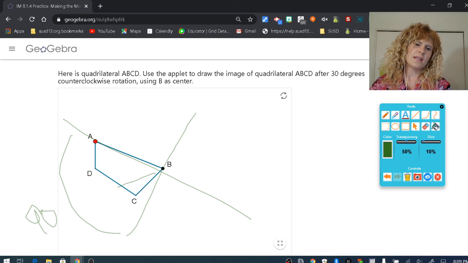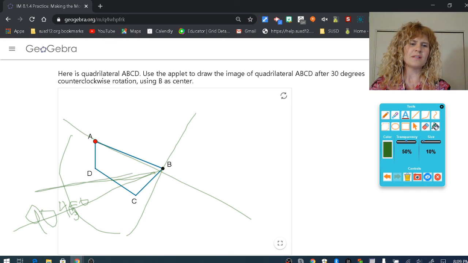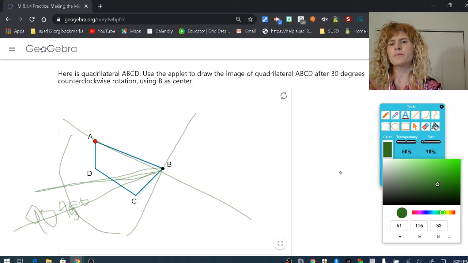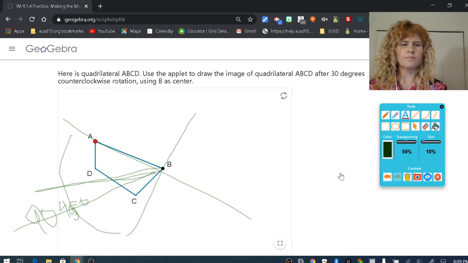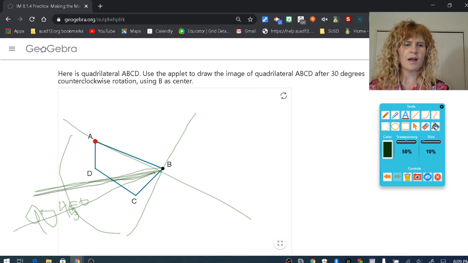So if I cut that in half, then this line would be 45 degrees. But I only want to go 30 degrees. So I just estimate that it's a little less, about right there. Let me darken that in. I'm estimating 30 degrees is about right here.